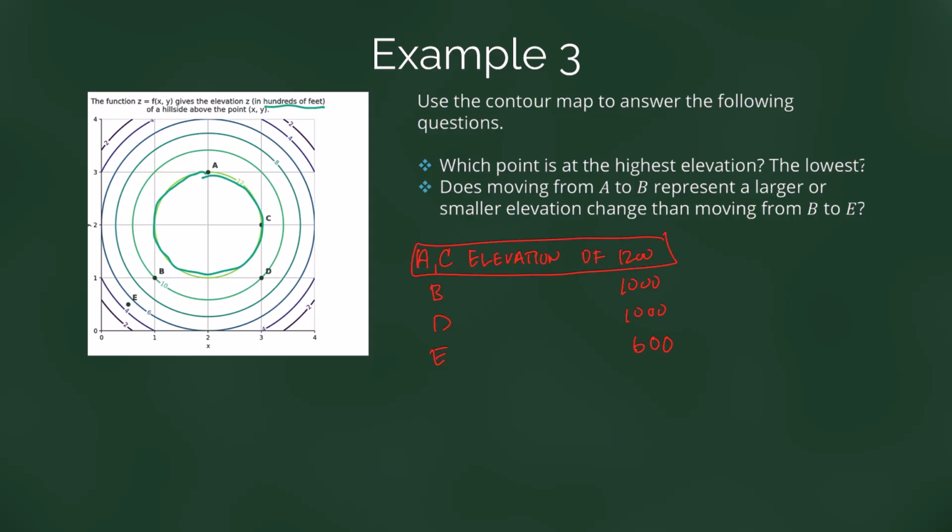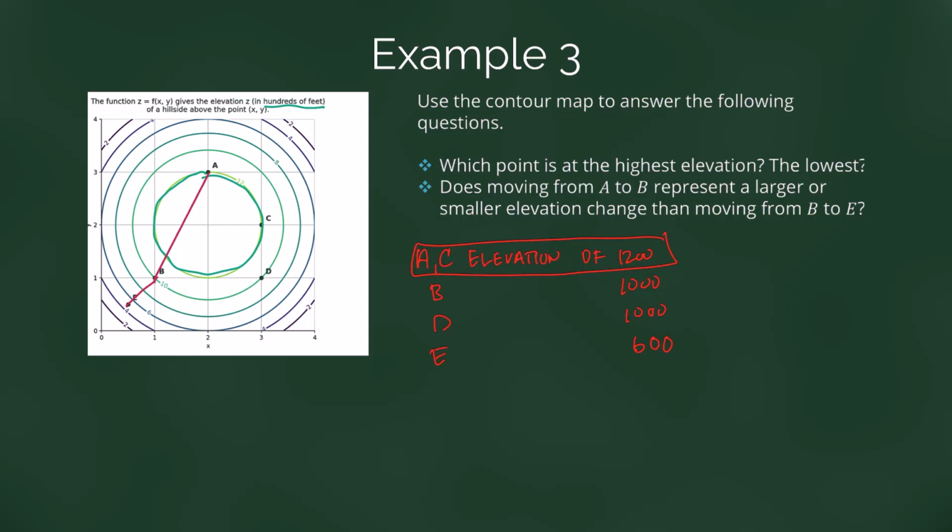And then it says, does moving from A to B represent a larger or smaller elevation change than moving from B to E? So moving from A to B, we're going here. And of course, we don't necessarily have to consider this a straight line distance. And then moving from B to E, we're moving from here to here.